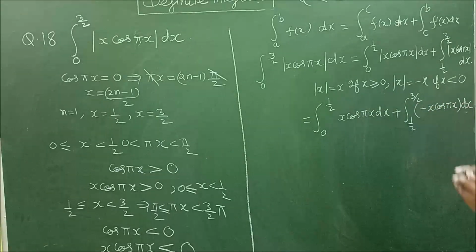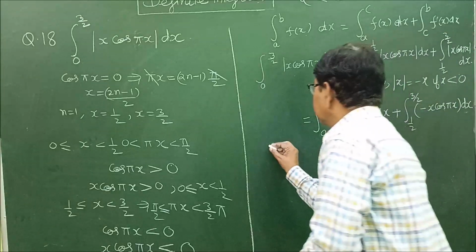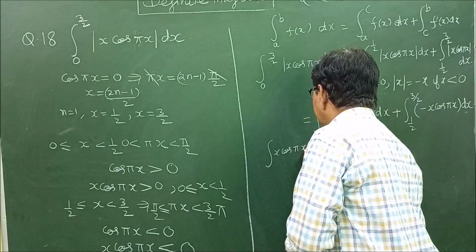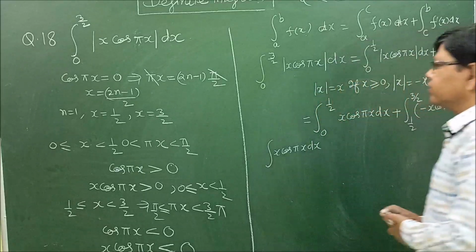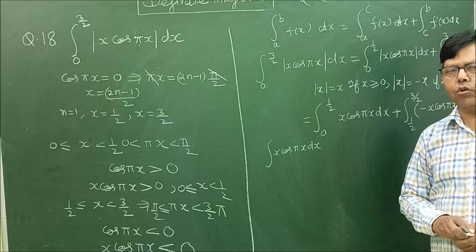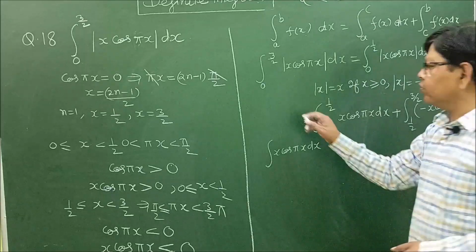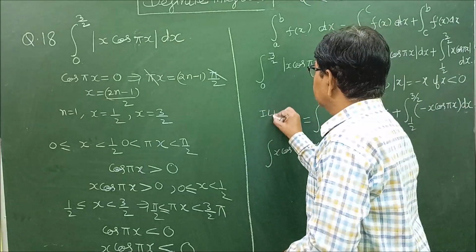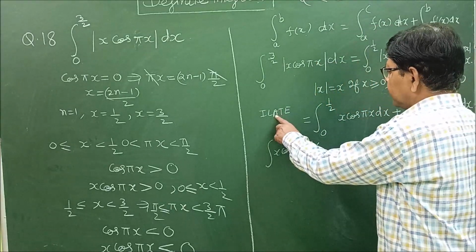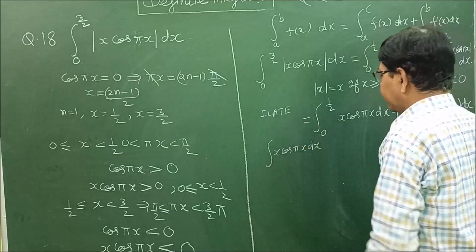Now let us integrate x cos pi x dx. Algebraic function and trigonometric function, again remembering the ILATE rule. The ILATE rule says algebraic function will be taken as first function and trigonometric as second.